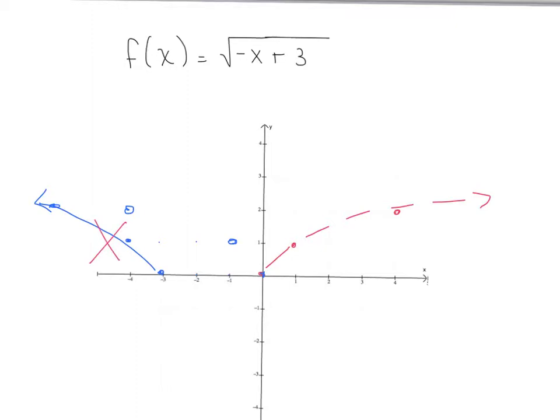Then I want to reflect. So I'm going to move left 3, 1, 2, 3. 1, 2, 3. So now you can clearly see that that graph's going like that. Now I want to reflect it. The reflection's over the y-axis. So this point here must be reflected over here. This point here must be reflected over here.